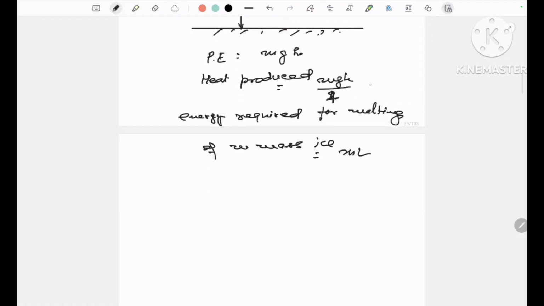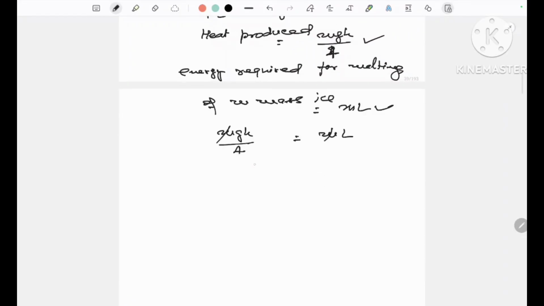The heat produced and energy required for melting will be equal: mgh by 4 will be equal to mL. m cancels with m, h will be 4L by g.